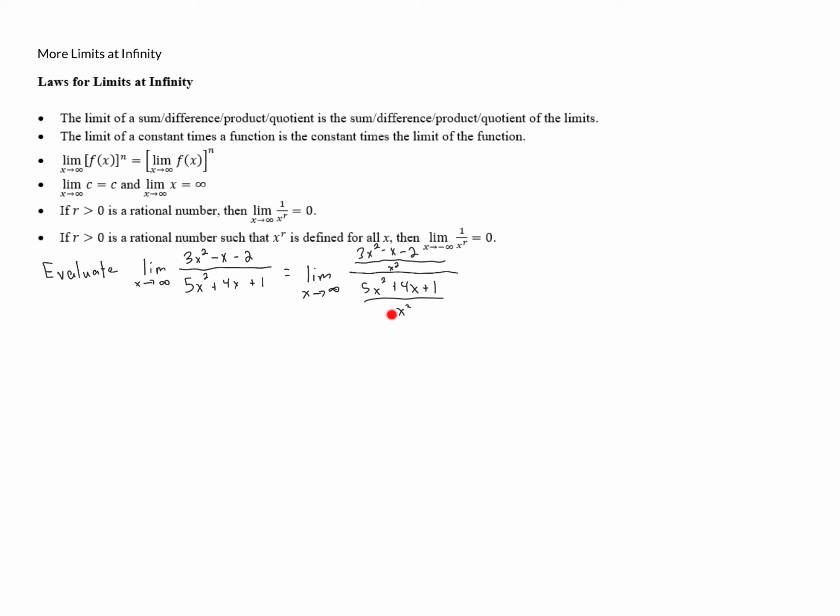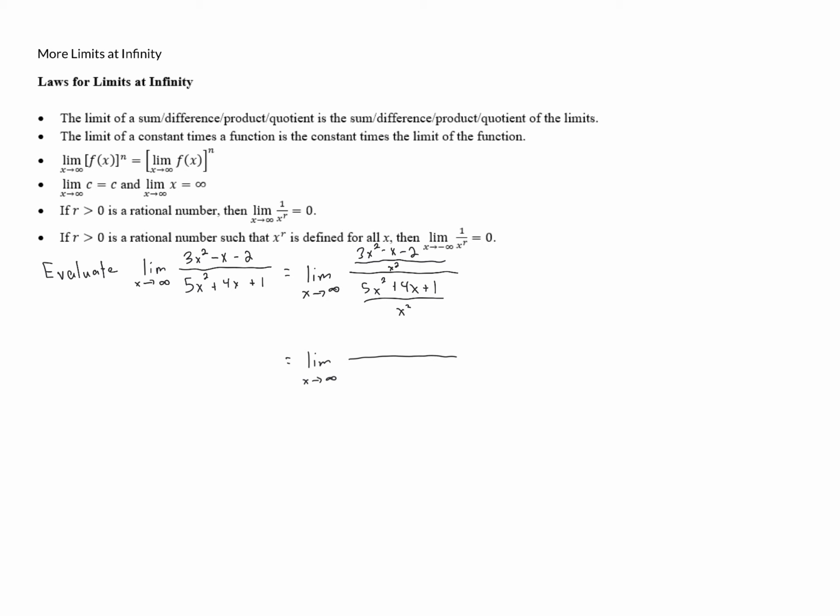Now this is only problematic if x squared equals 0, because we can't divide by 0. However, if we're looking at x approaching infinity, we are looking at large values of x, so that is not a problem.